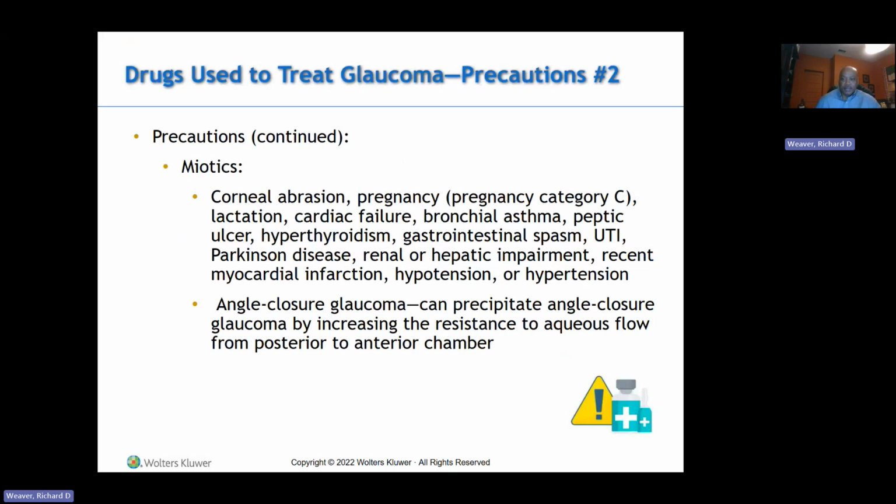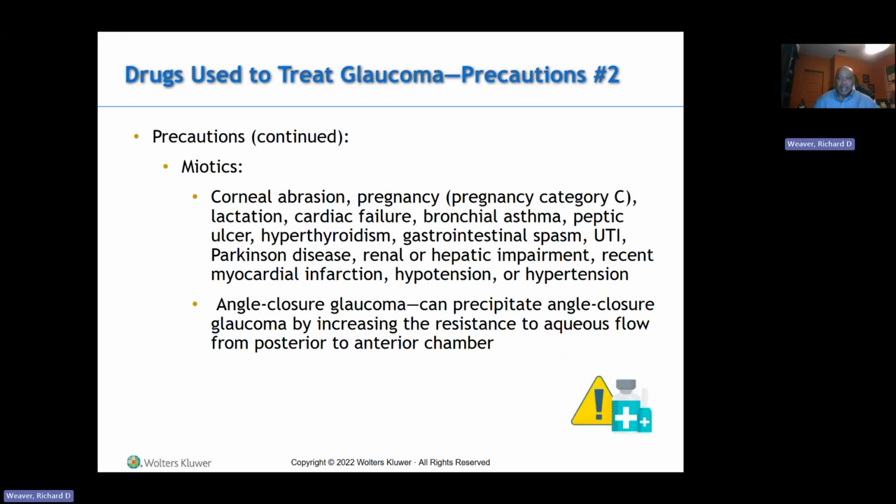hyper and hypotension. These drugs are also used cautiously in those with angle closure glaucoma because miotics can occasionally precipitate angle closure glaucoma by increasing the resistance to aqueous flow from the posterior to the anterior chamber. Remember, the aqueous humor is made in the posterior chamber by the ciliary body, but it drains into the anterior chamber.